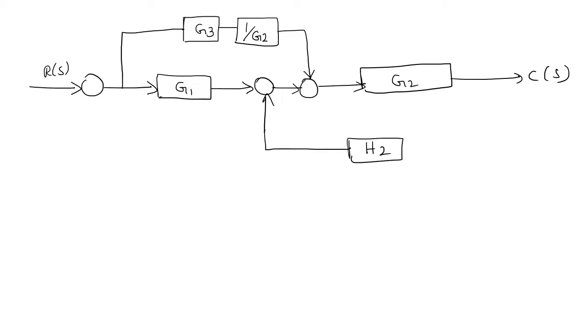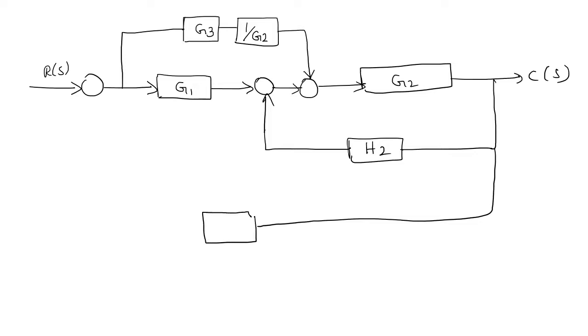This is H2, and we had one more tapping over here. It is the feedback H1. It goes straight to summing point 1. Be careful with the arrow marks here, and the sign here is negative and here it is positive.